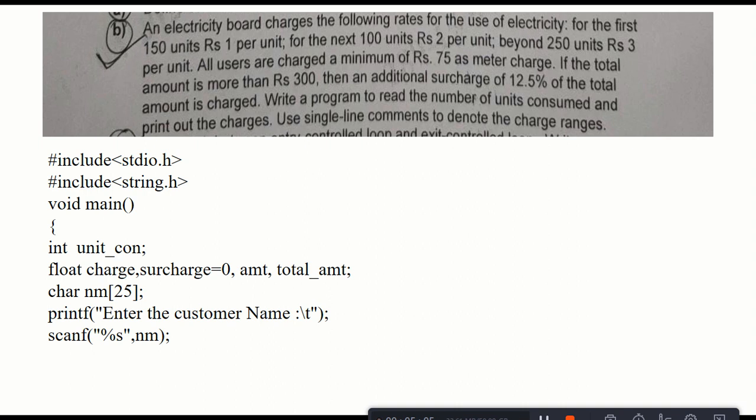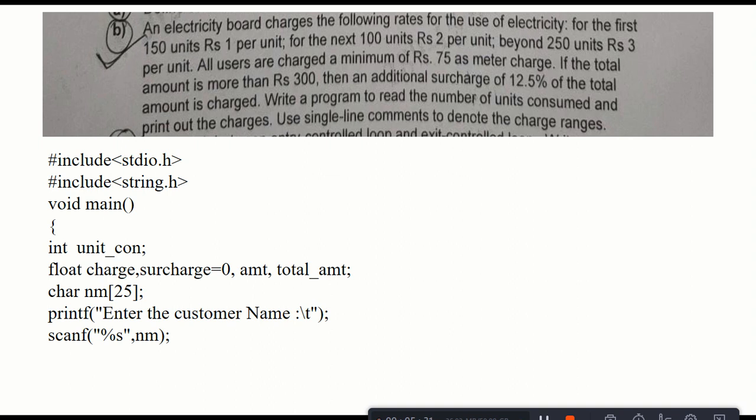All users are charged a minimum of 75 meter charge. If the total amount is more than 300, then an additional surcharge of 12.5 percent of the total amount is charged. Write a program in C to read the number of units consumed and print out the charges.